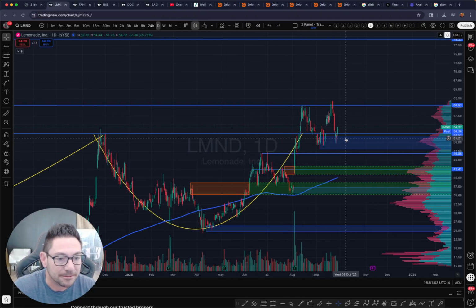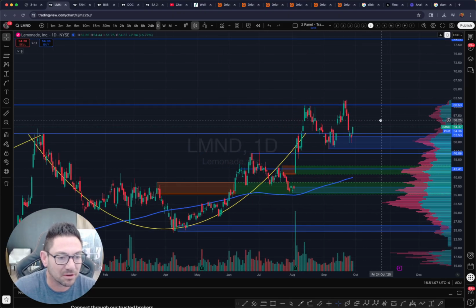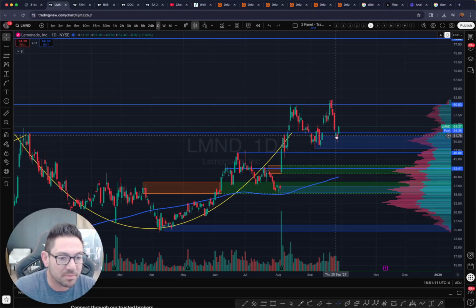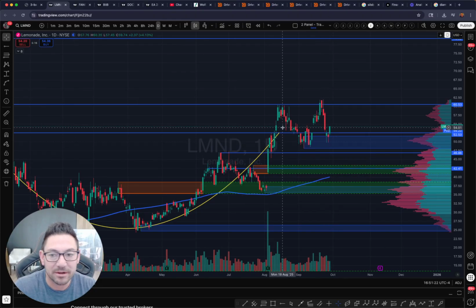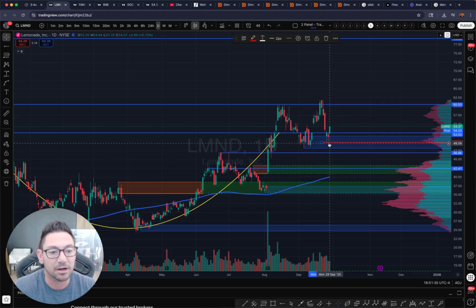And you can see we actually closed. So let's walk through this price movement. We opened here, gapped down, and then closed right on it. And then on Friday we closed below it. However, we did not confirm. We would have needed a close below this low here from Thursday's candle to confirm a move.